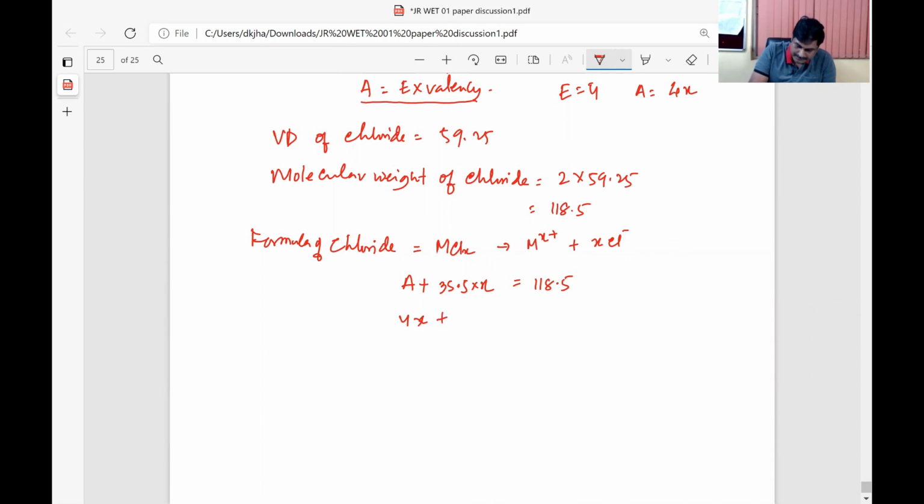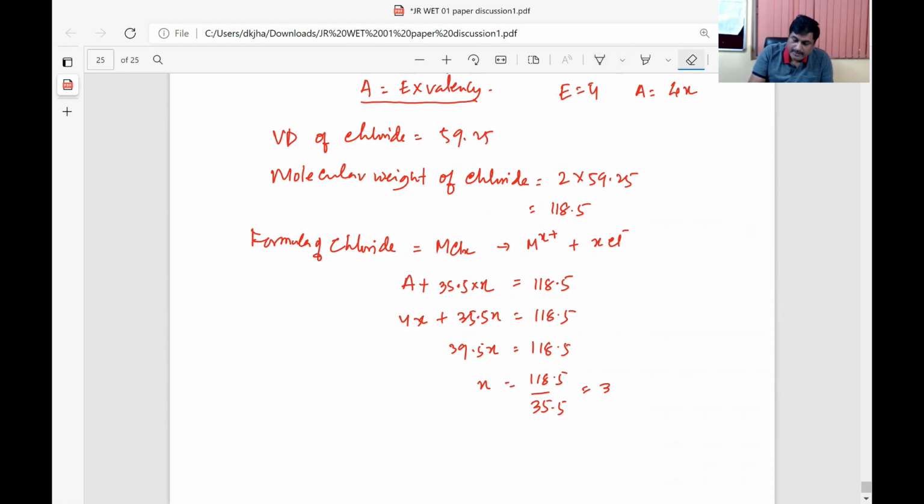So this one: 4x plus 35.5x is equal to 118.5. This one is 39.5x is equal to 118.5. So x is equal to 118.5 divided by 35.5. Sorry, why 35?